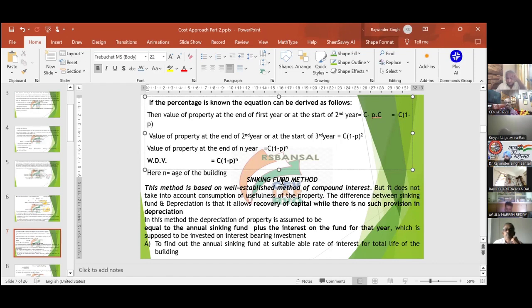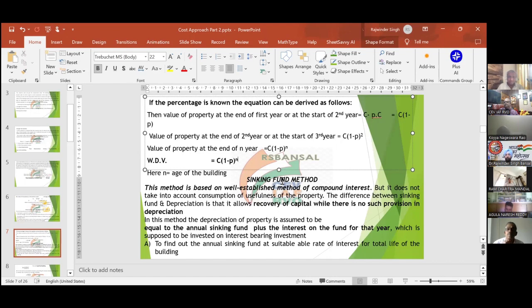And S is... so in the case of sinking fund, what do we assume? We assume that we deposit a certain amount in the bank.